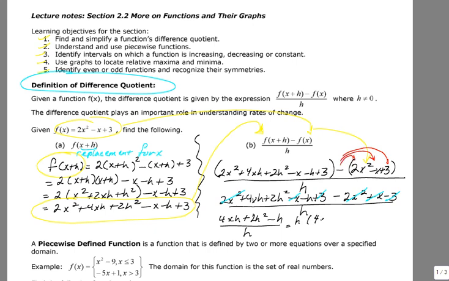When I factor that h out, I'm left with a 4x plus 2h minus 1. Just factoring the h from here, the h from here, the h from here. Well, that allows me to cancel both the h's on the top and the bottom. It has to be factored first before I can cancel it with the h in the denominator, leaving me the simplified version being what's left in the parentheses: 4x plus 2h minus 1.